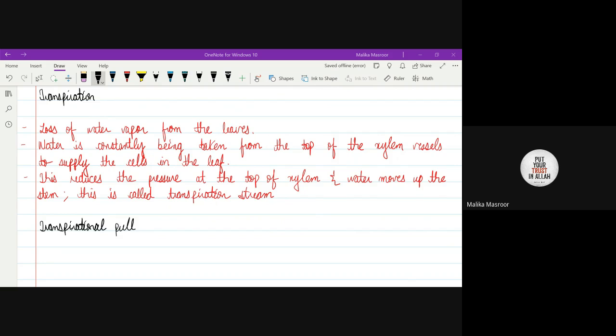So this constant movement of water from xylem through the mesophyll cells into the air, and through the stomata into the air, will mean that water is removed from the upper end of the xylem vessel.